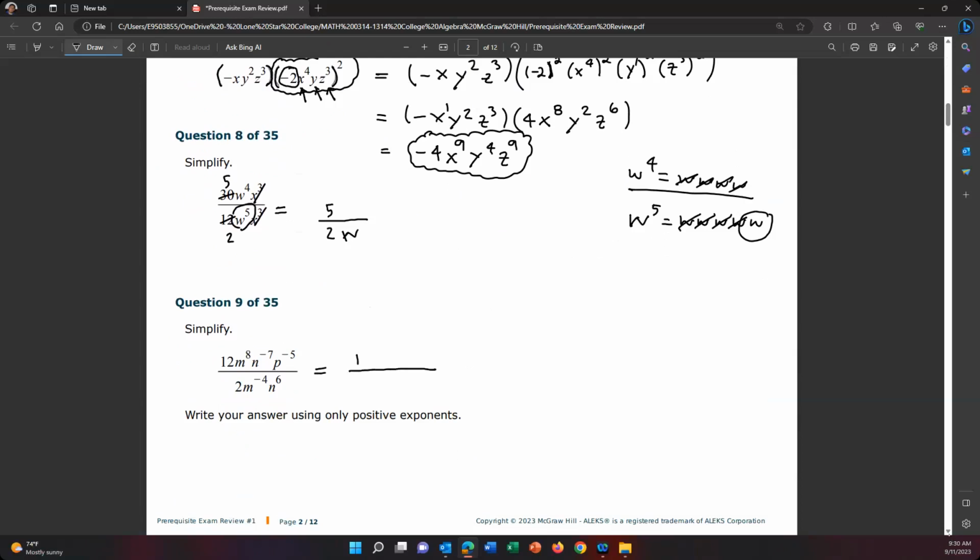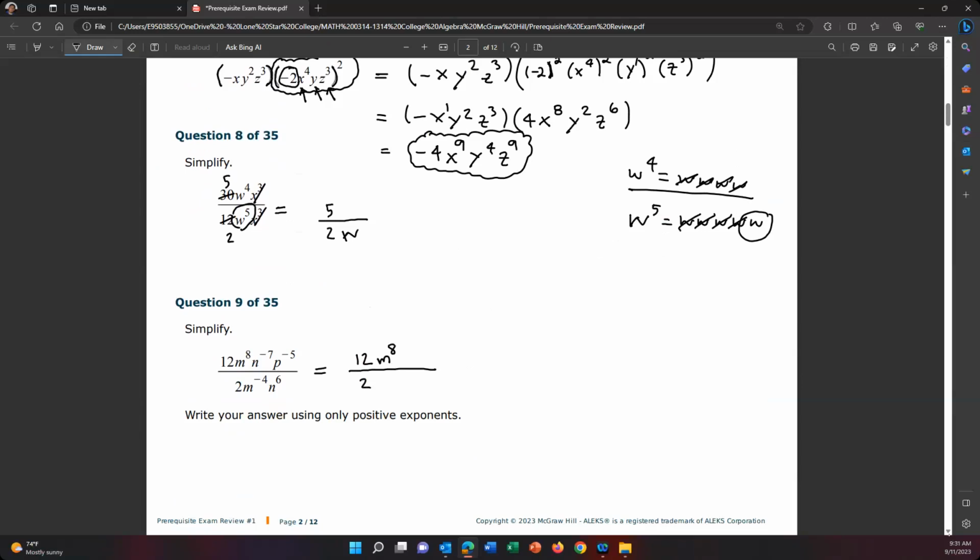I'm going to keep that 12 for now. I'm going to keep this 2. I'm just really concerned with putting the letters with the exponents in the right spot. So this m to the 8th has a positive exponent, so it is where it needs to be. Okay, so I'm going to take care of the numerator first.